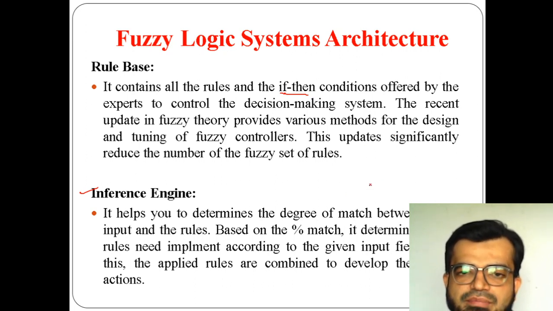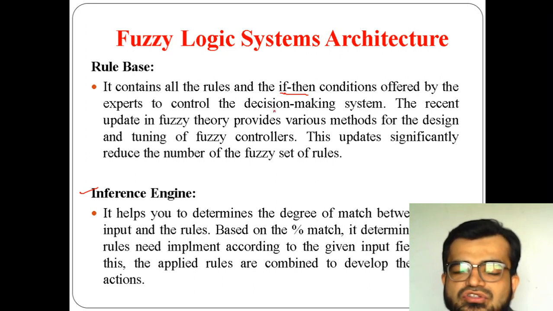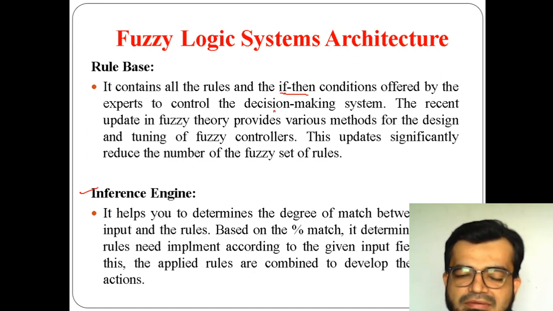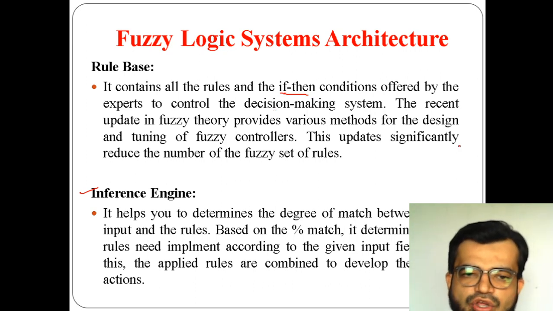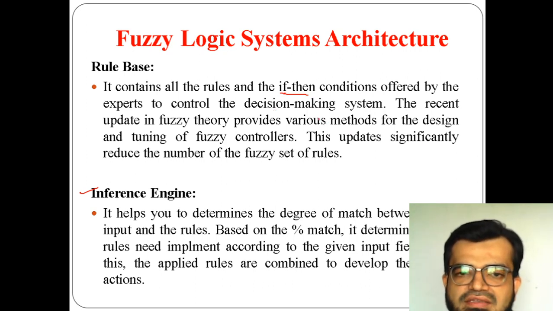The rules are framed as if-then clauses, the same thing as we have seen in the expert system. But the thing is that these rules are used with the help of fuzzy sets. Previously we haven't heard about fuzzy sets or fuzzy set input, but now this rule base is used along with the fuzzy set. That's the difference here.